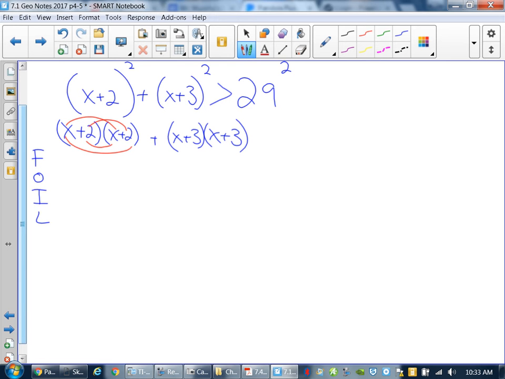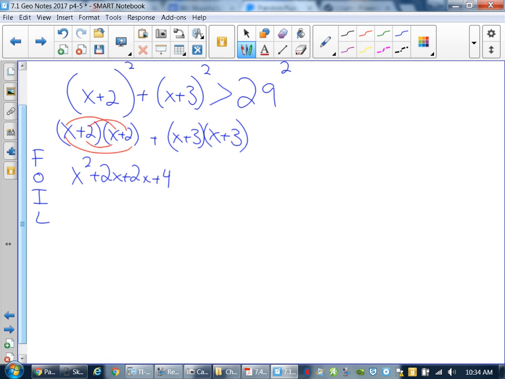Multiply your first terms together, the outside terms together, the inside terms together, and then the last terms together. I get x squared plus 2x plus 2x plus 4.